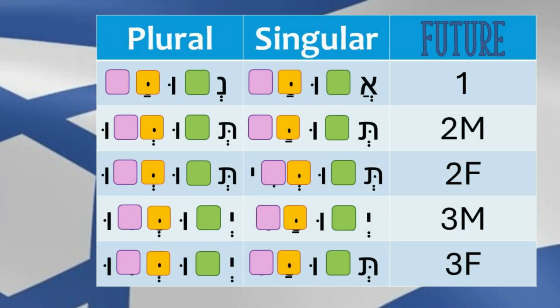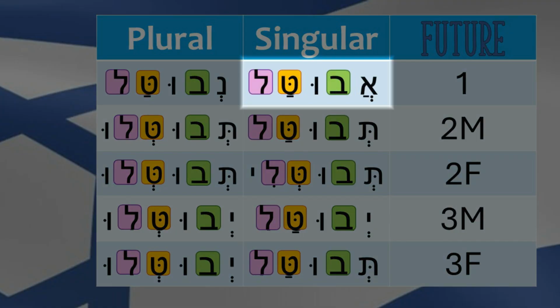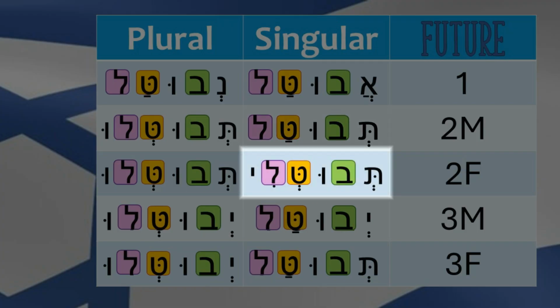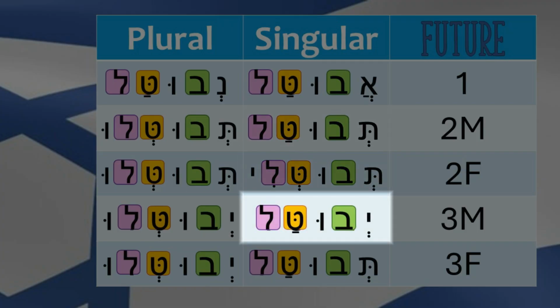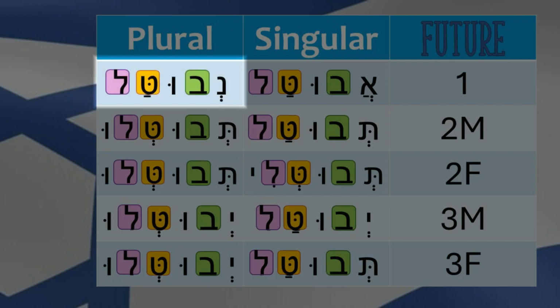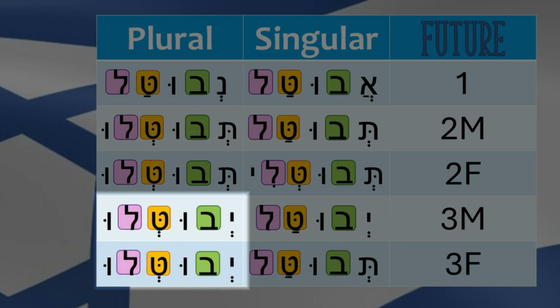So let's put our favorite shoresh in there, bet, tet, lamed. And we're going to have avutal, tevutal, tevutli, yevutal, tevutal, nevutal, tevutlu, yevutlu.